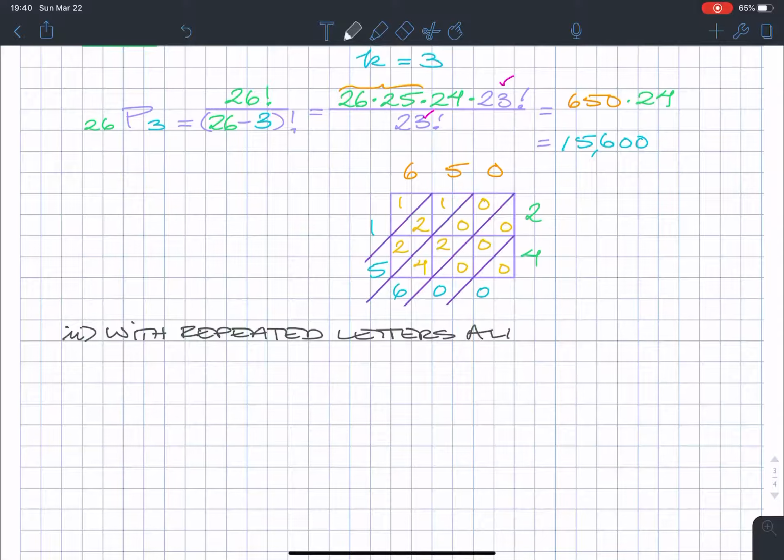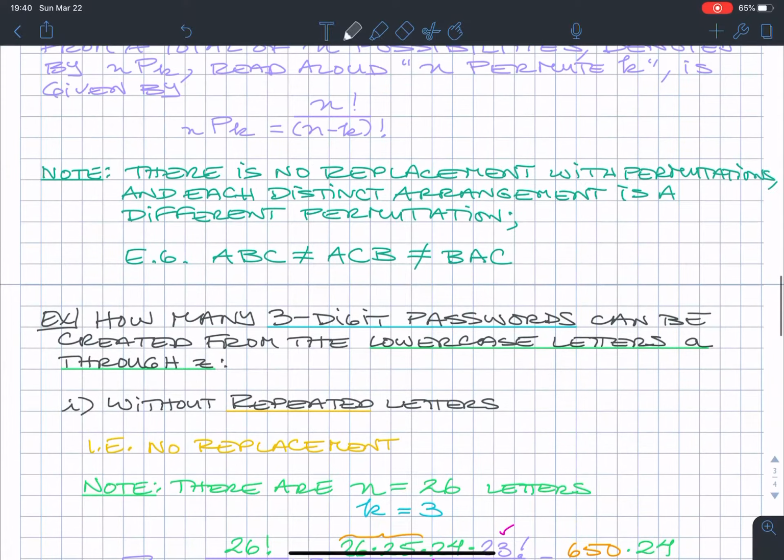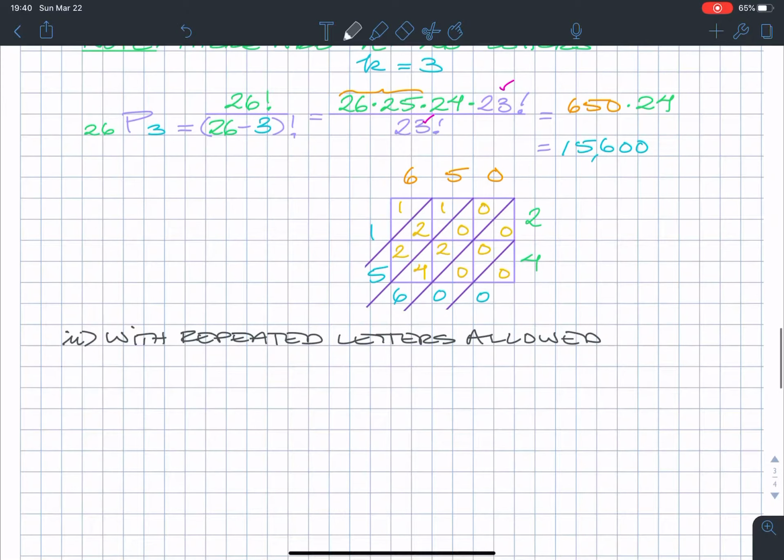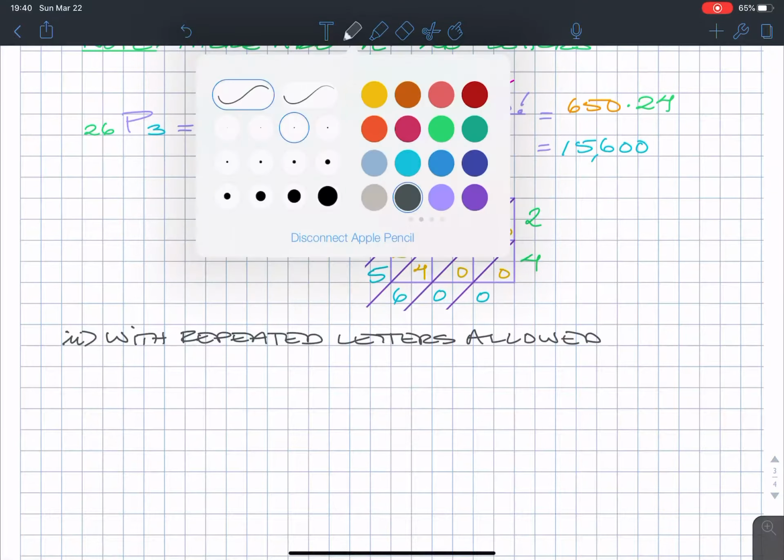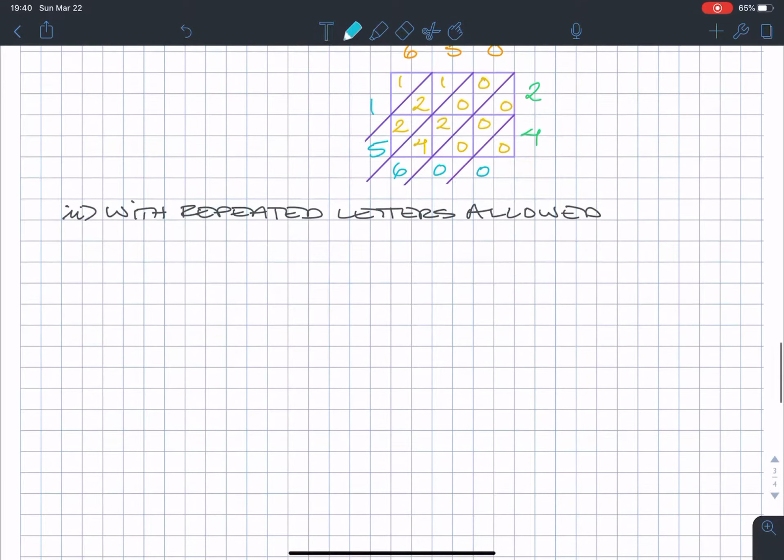So this is no longer a permutation, because a permutation has no replacement. So this is just something we need to figure out on our own. If there are repeated letters allowed, what is the number of passwords?